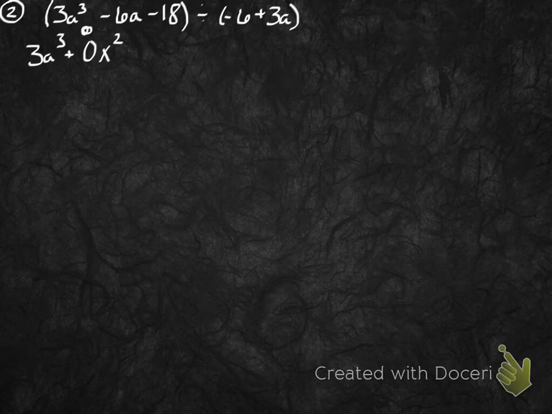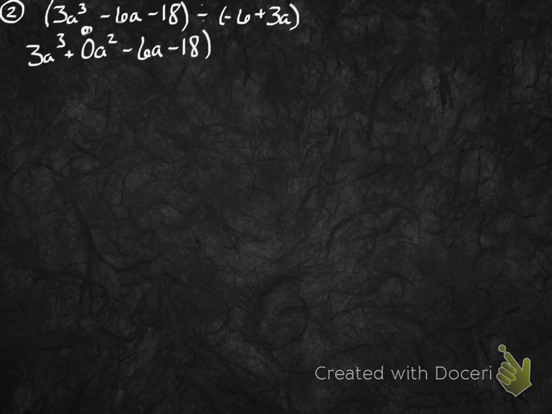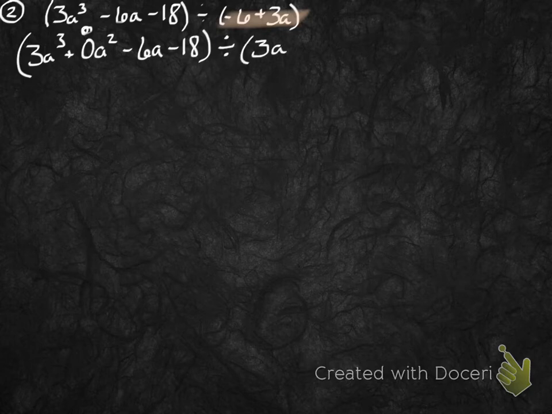So 3a cubed plus 0a squared minus 6a minus 18. You have to have every term accounted for, otherwise you'll have glitches with your division. And now we're going to put the second parenthesis in order, greatest to least on exponents, 3a minus 6.